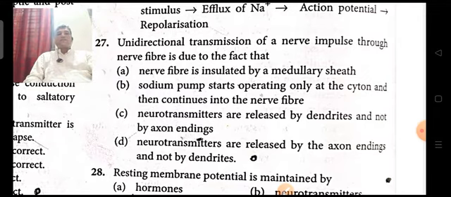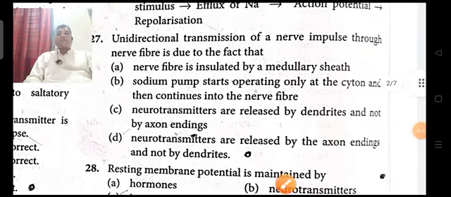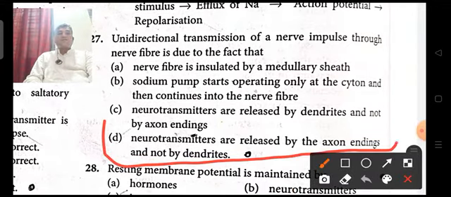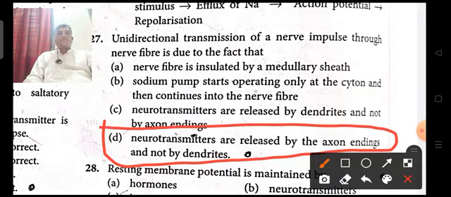So neurotransmitters are produced at the nerve terminal. So here option D is the right answer.